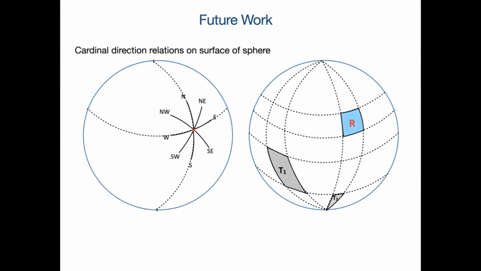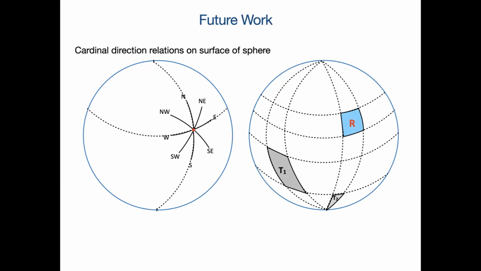The future work: how does this work on the surface of a sphere? Now we have discussed and introduced this concept on a projected, 2-dimensional surface. How is it going to work on the surface of a sphere? We are concerned with our Earth, which is approximated as a sphere, so how do we construct the projection-based model on the sphere?